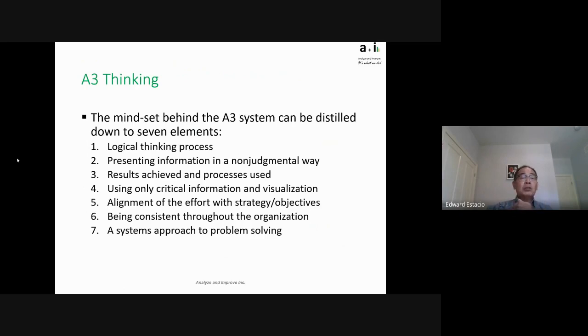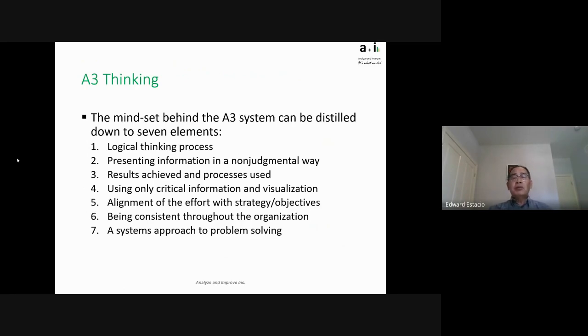You achieve results and processes using critical information and visualize those. You have data, now we have to visualize that data. We align the efforts to the objectives of the company and stay consistent throughout the organization. If we use it in one area, let's use it in other areas too. And it's a really good systems approach to problem solving.